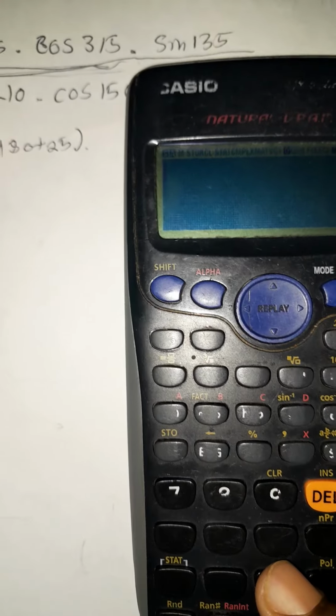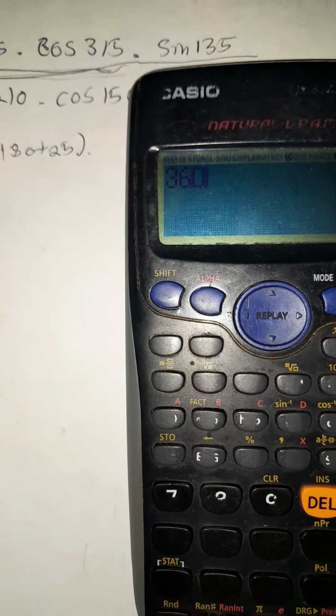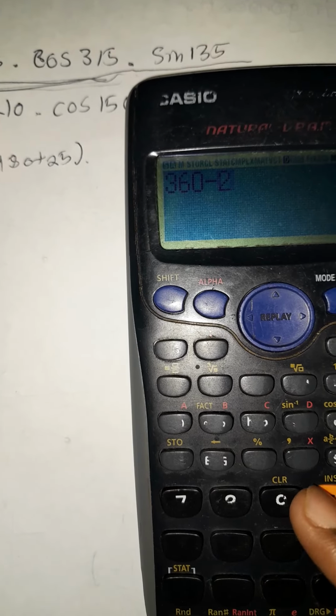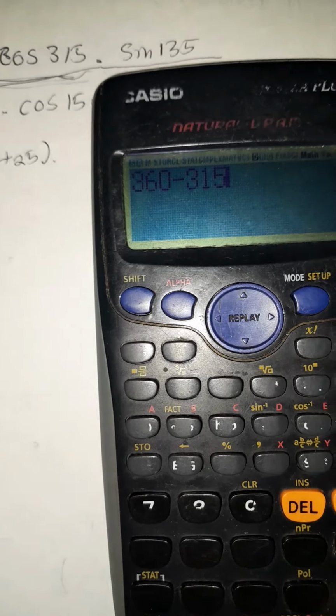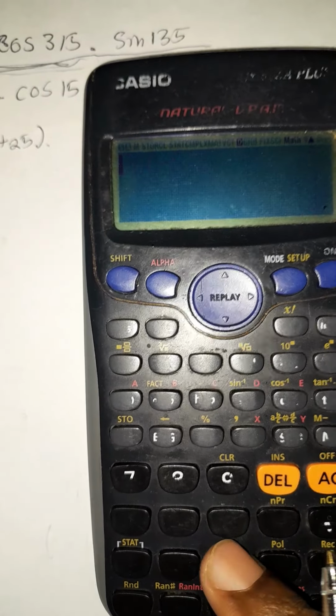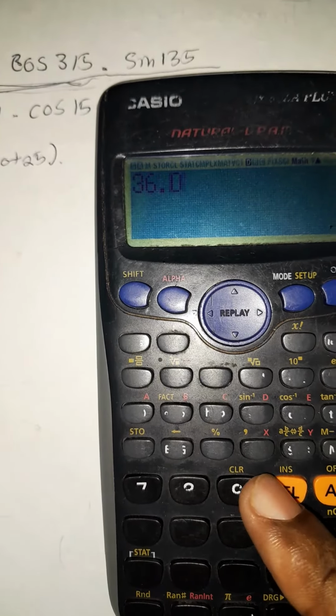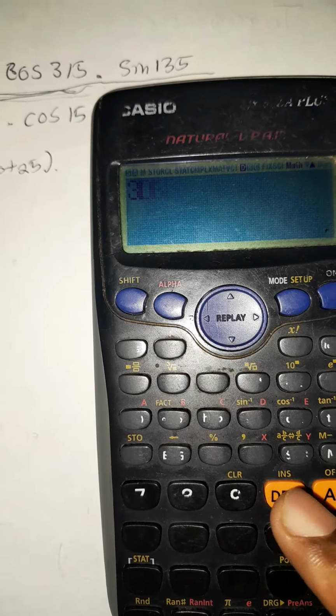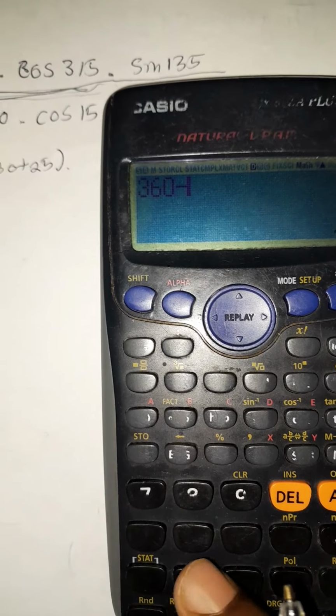Let's go to cos 315 there. So we're going to 360. We're going to say 360 subtracted by 315. So we're looking for the one that is closer. So it's going to be 45. So cos 360 subtracted by 45, that will be 315.